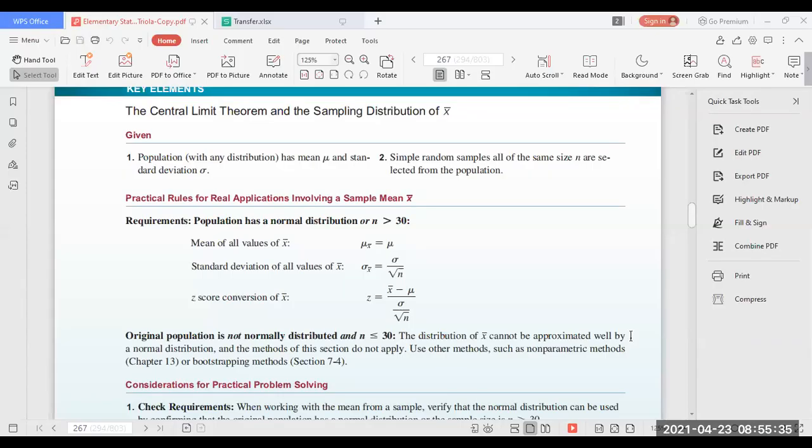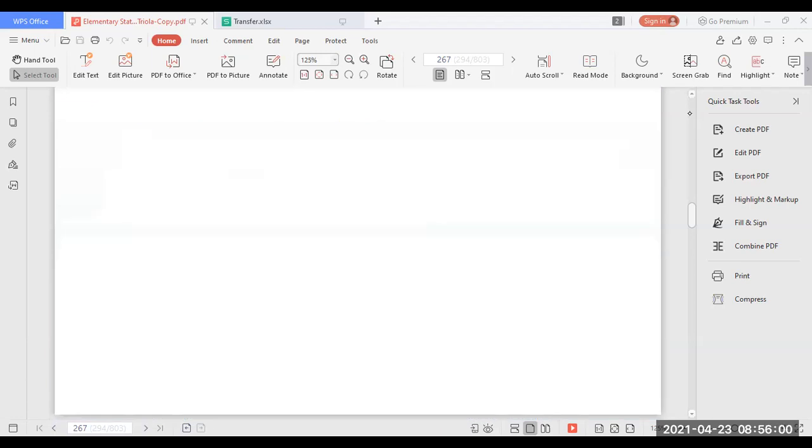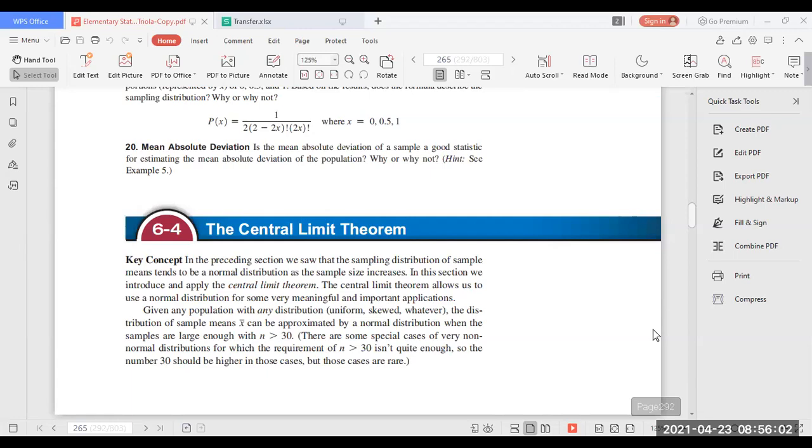I said that the central limit theorem has two parts, right? And this is the first part. That's long, you know, that's long.